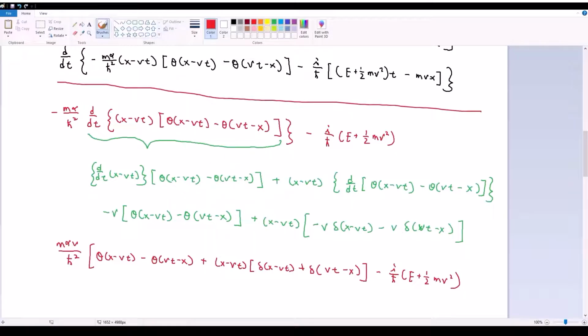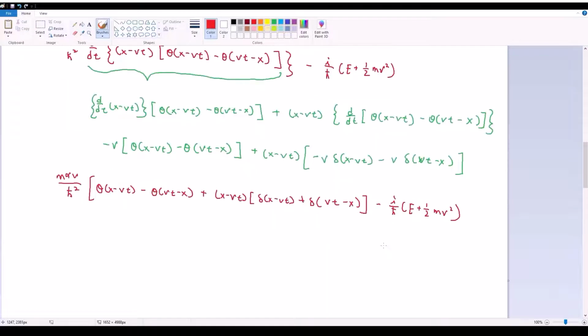Okay, let's see. So at this point, we seem to be stuck because there doesn't seem to be any way to simplify this any further. So it seems like the resulting expression is just going to be this really disgusting looking mess.